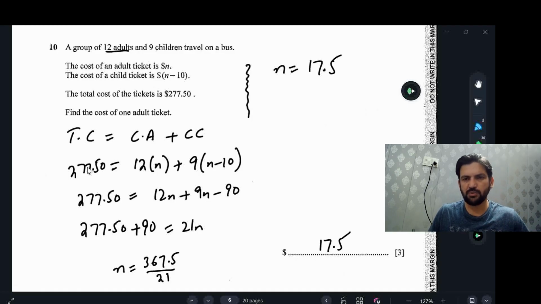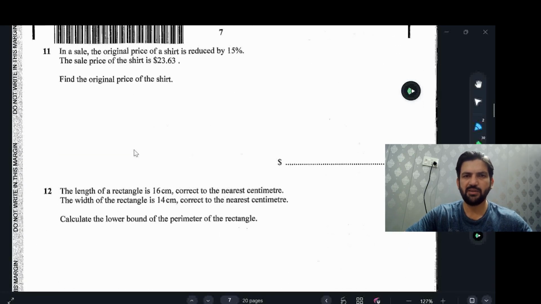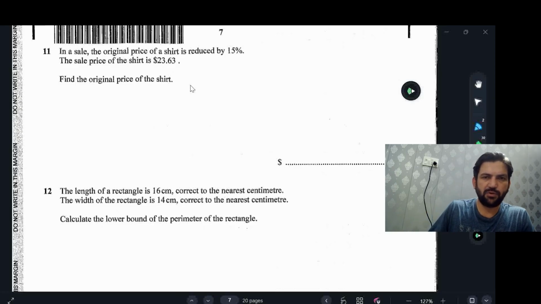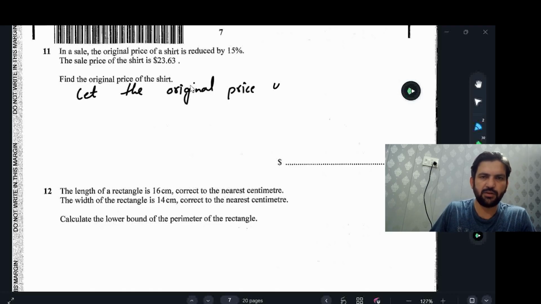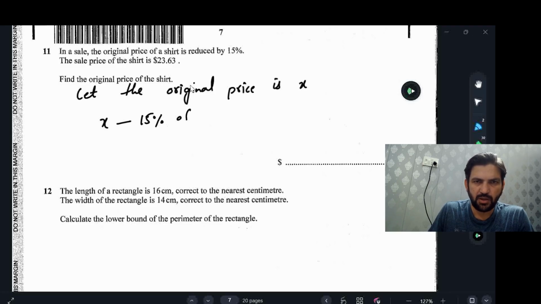Let's move to the next question, question number 11. Now in question number 11, it is given that in a sale the original price of a shirt is reduced by this. First of all, the sale price of the shirt is this. So let the original price be x. The original price is reduced by 15% of x, and then we will have the sale price, that should be 23.63.